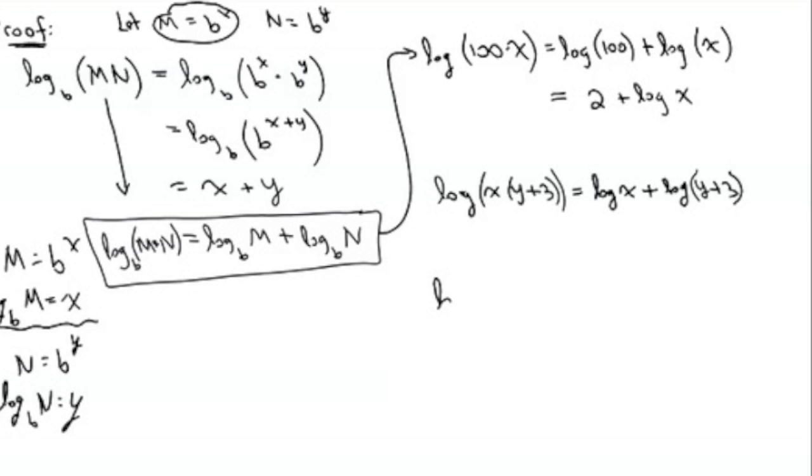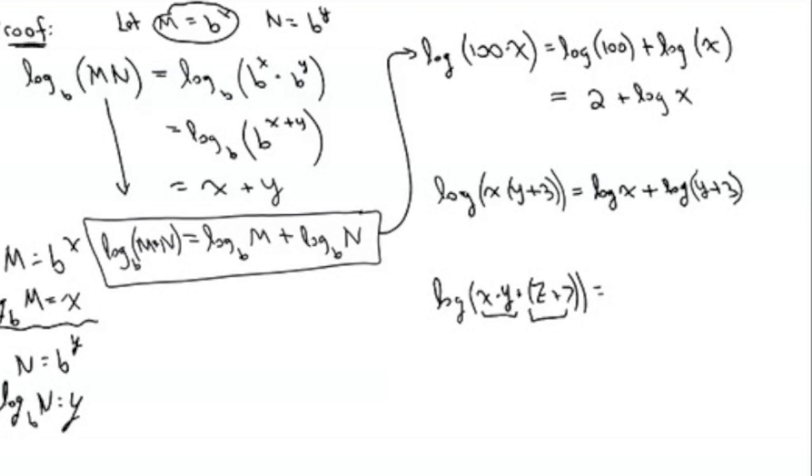How about log of x times y times (z plus 7)? Does it work on 3 terms? The answer is, well, yeah, why not? I mean, you could separate it into 2 pieces. So it would be log of x times y plus log of z plus 7. And then the x times y can get separated as the log of x plus log of y.